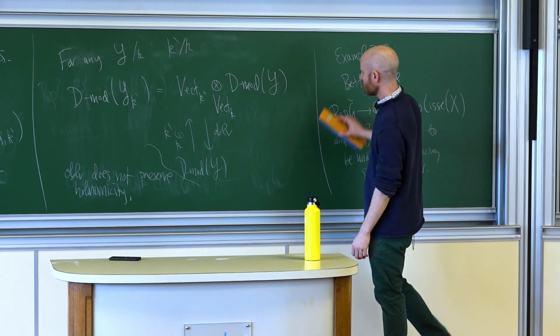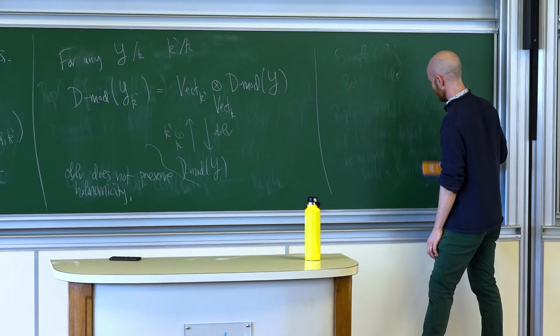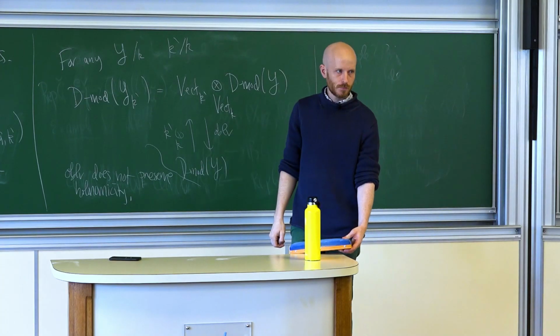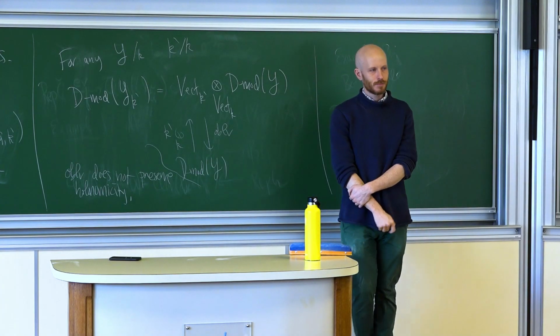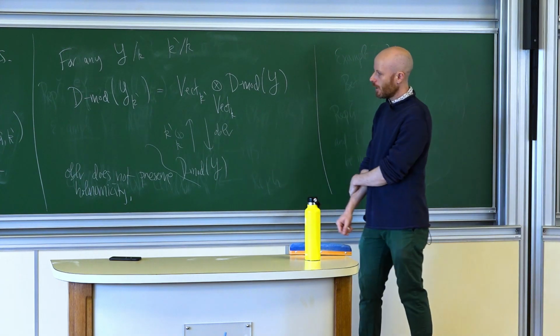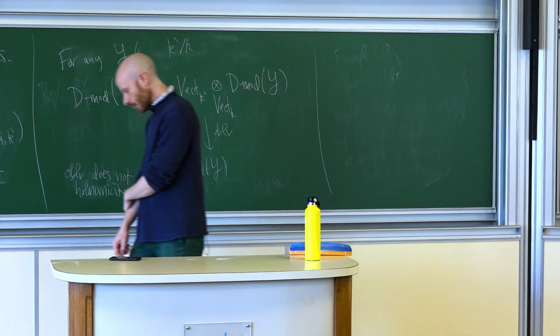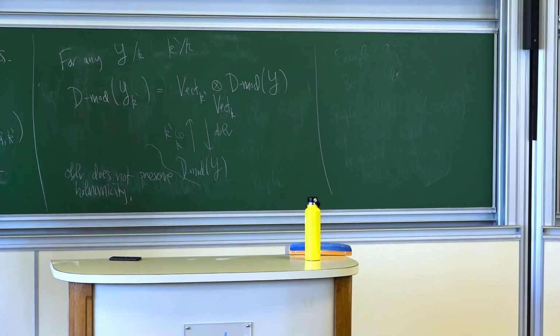If you took a smooth variety, would you have a similar statement about D-modules on that variety, where instead of course you don't have milk, but you could say holonomic or something? Let me think for a second.